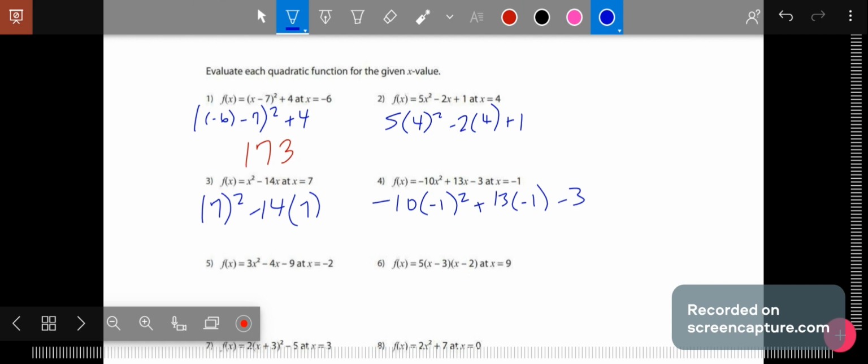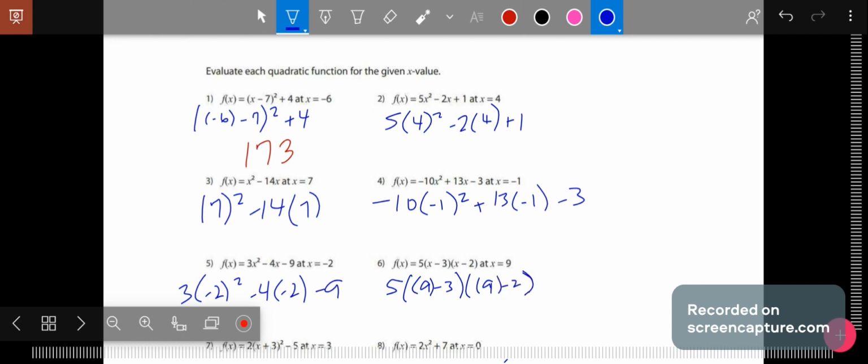Okay, 3 times -2 squared minus 4 times -2 minus 9. Then we have 5 times 9 minus 3 times 9 minus 2.